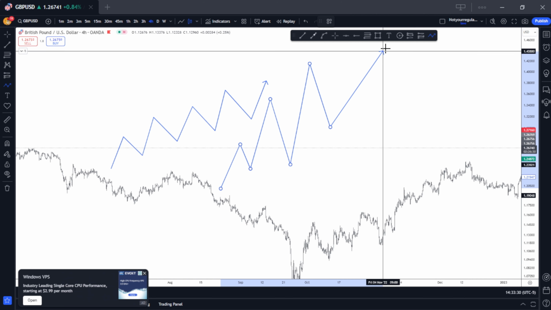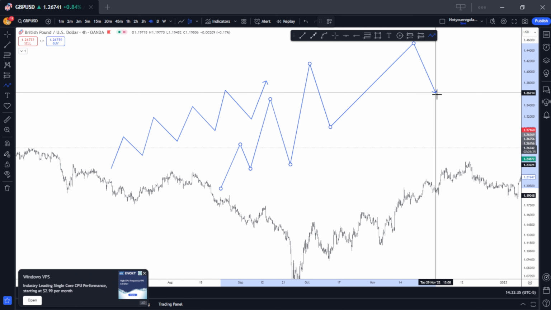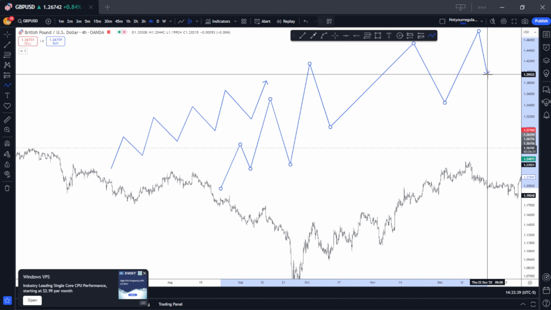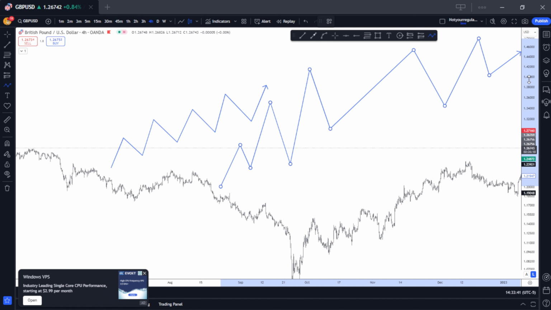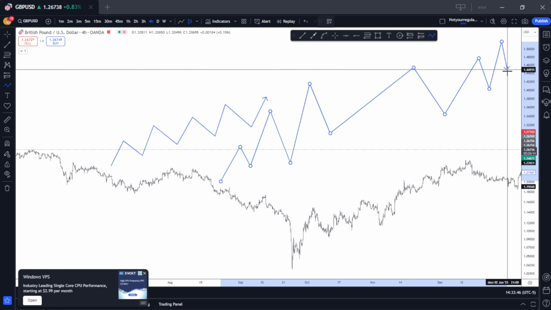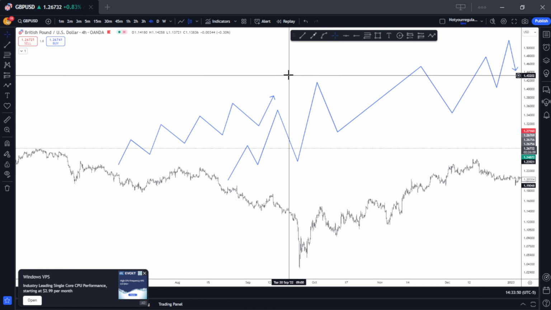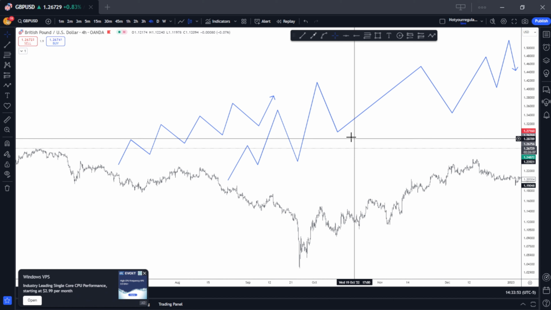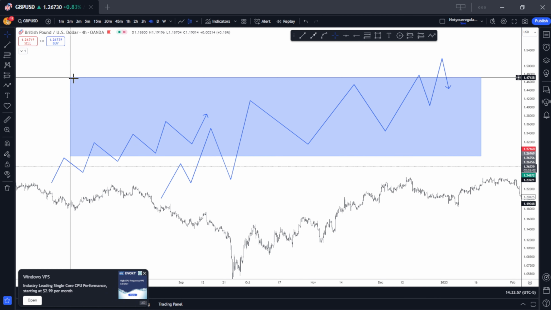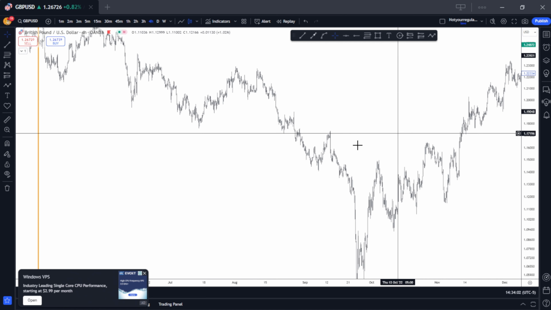Sometimes price might expand all the way like this, then retrace back, then expand again, then retrace back, then might just give you some smooth move. So don't expect to see markets move as smoothly as this. You just have to use your intuition when trying to mark out market structure.